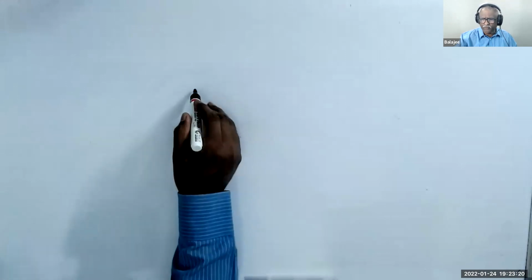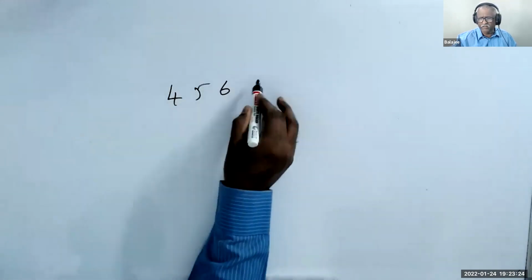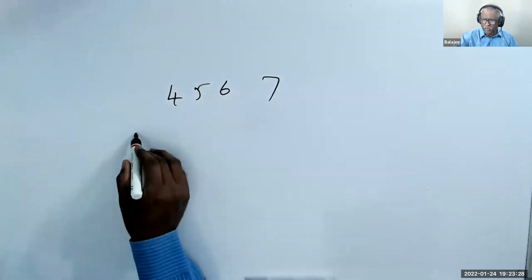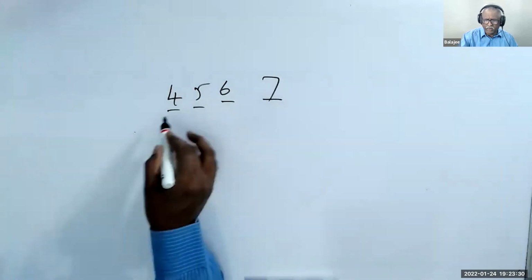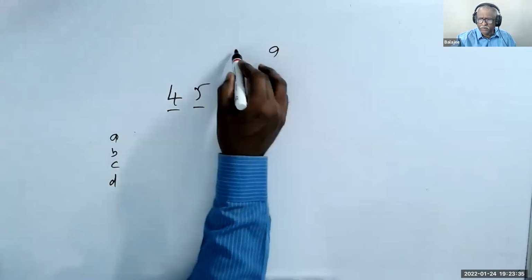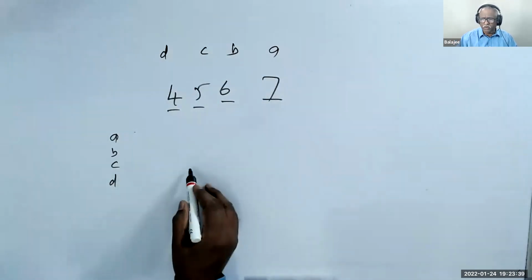Let us say I ask you to take a 4-digit number, 4, 5, 6, 7. You find out each digit separately: A, B, C, D. This is A, this is B, this is C, this is D. Then it is quite simple.